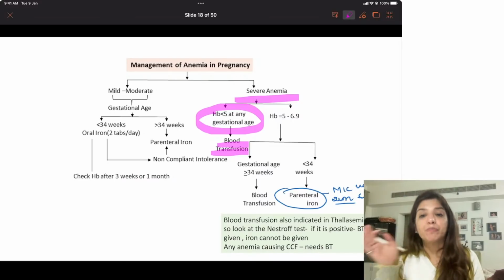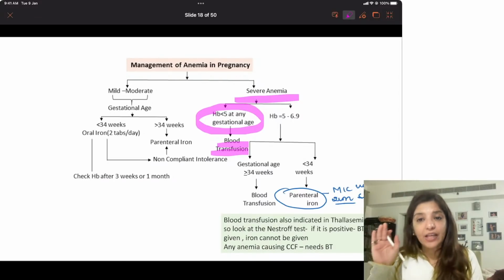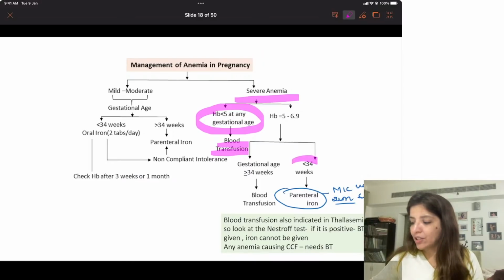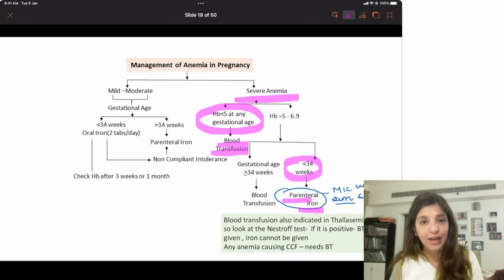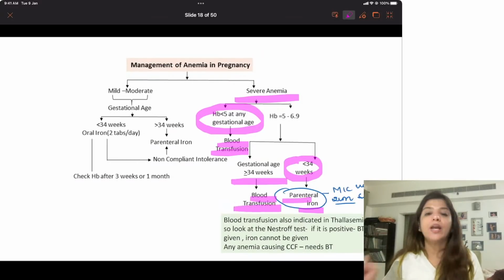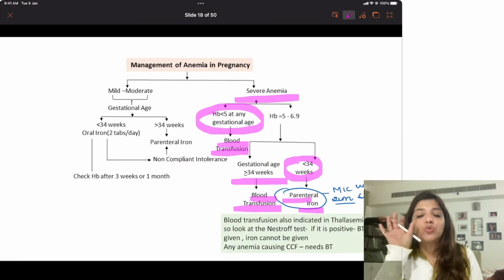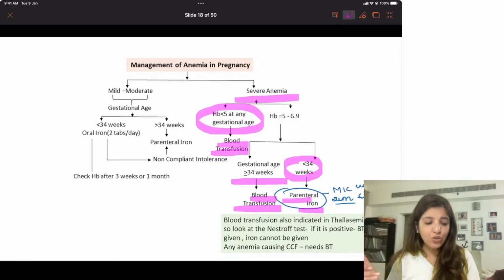But if hemoglobin is between 5 to 6.9 and gestational age is less than 34 weeks, then you go for parenteral iron. If gestational age is more than 34 weeks, you go for blood transfusion. So understand this: hemoglobin less than 5 at any gestational age, blood transfusion. Hemoglobin between 5 to 6.9, see the gestational age: less than 34, parenteral iron; more than 34, blood transfusion. This is an algorithm.